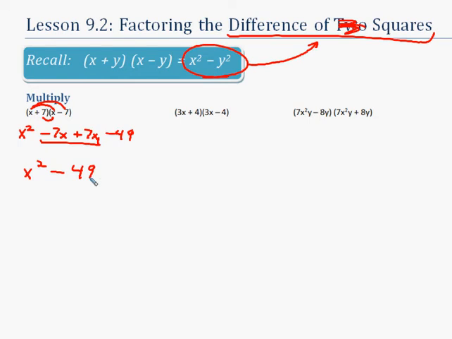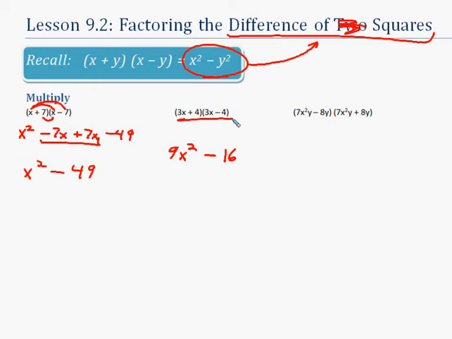Our second one fits this form also, so it's going to be the first thing squared. So 3x squared is 9x squared, and then we're going to subtract 4 squared, which is just 16. So if we multiply these two together, we would get 9x squared minus 16, which is another difference of squares. This is a perfect square minus another perfect square.